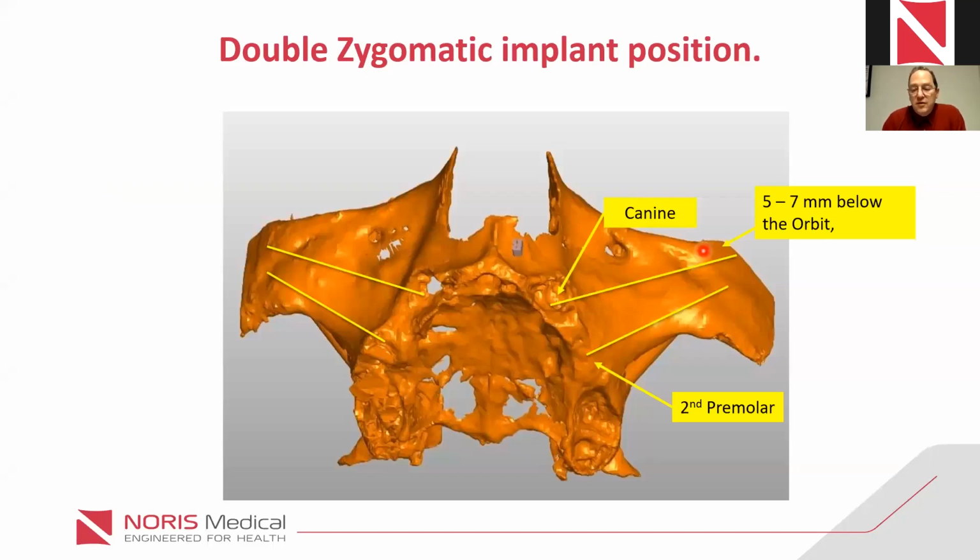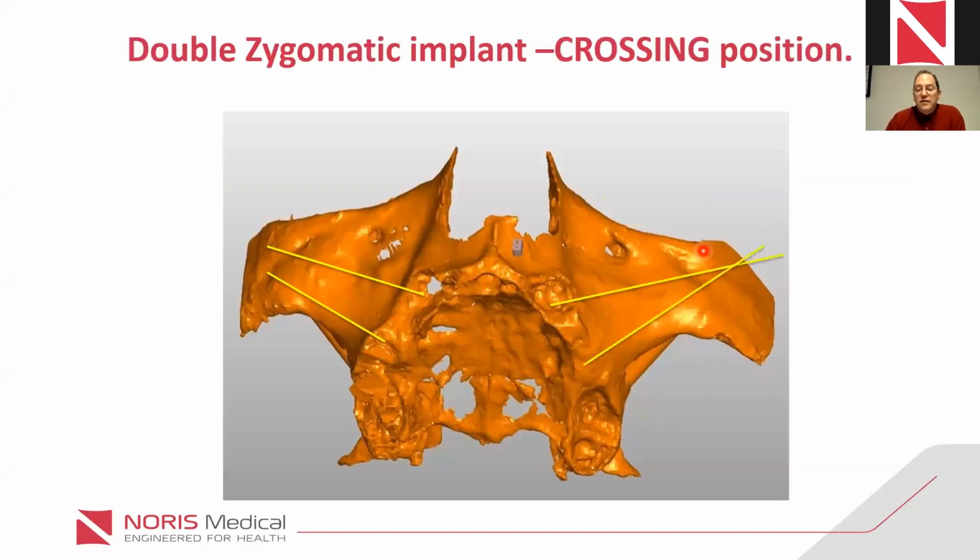So this is something we'll look at again. And sometimes the implants are colliding when we have a very narrow zygoma. When the distance here is very narrow, we might need to have the implants one on top of the other. In this case, we have to make sure that the implants don't touch one another. And maybe we'll talk about this again today.